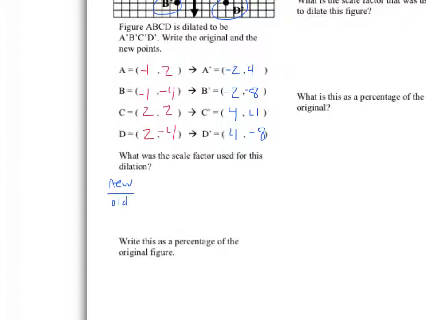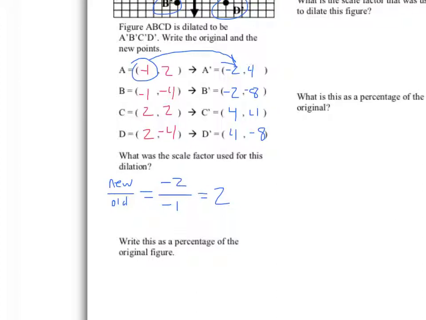So this is really thinking about an inverse operation here. The operation that happened was each of these numbers was multiplied to get the next one. So the inverse of that would be to divide. So I can divide my new point, which was -2, by my old point, which was -1. That tells me the scale factor was 2.